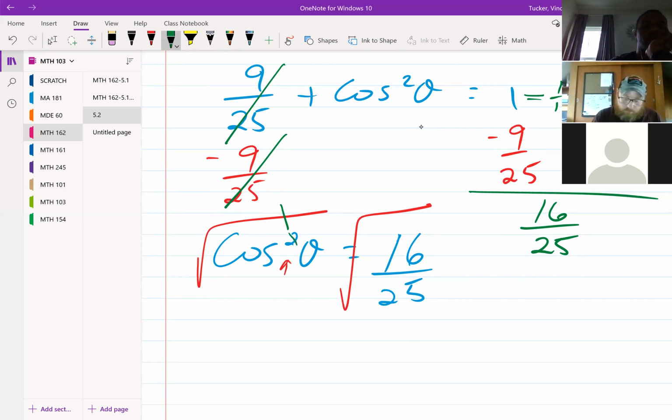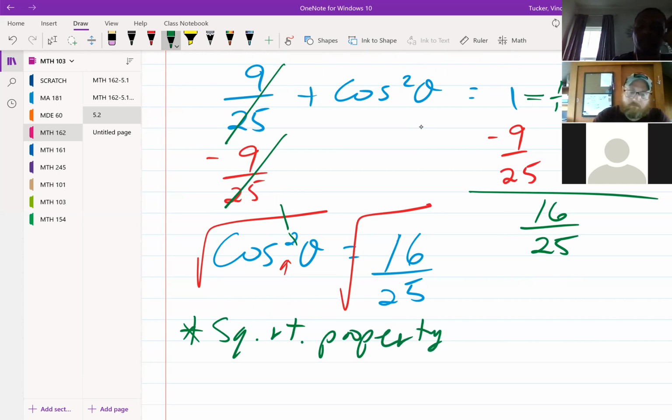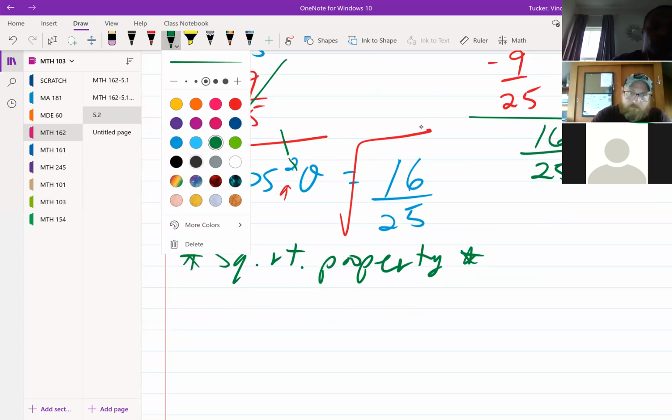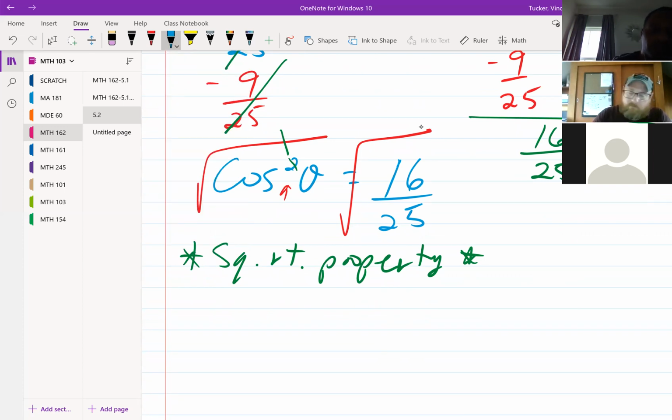Square and square root cancel. So don't forget your square root property. All of your rules still hold true from algebra. Nothing changes just because we have moved from algebra to trig.